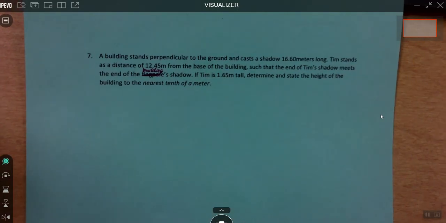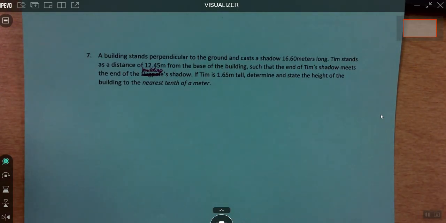Okay, who sketched an image? Okay, I want to see this image. Compare to the person next to you. I feel like you want to go 3D. Why? I don't like that. You did a lot better on this.